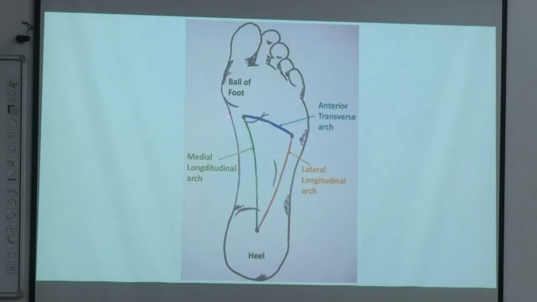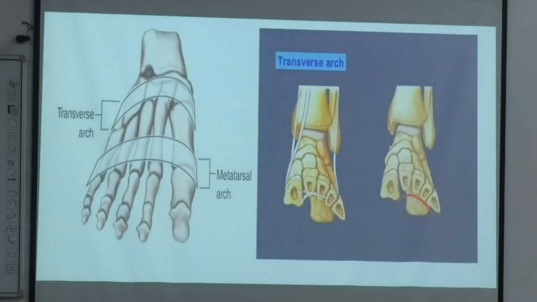This is the anterior transverse arch formed by the heads of the metatarsals, and in this region will be the posterior transverse arch. Okay, the posterior transverse arch is more important. Next, see, this is the posterior transverse arch, here is the anterior transverse arch. This is the outline of the transverse arch.